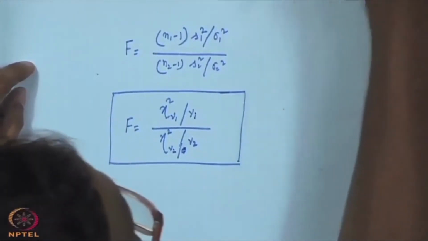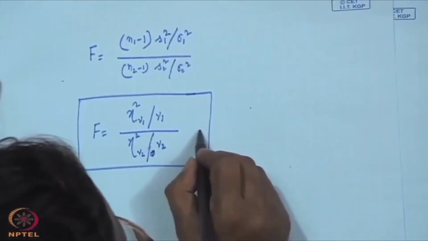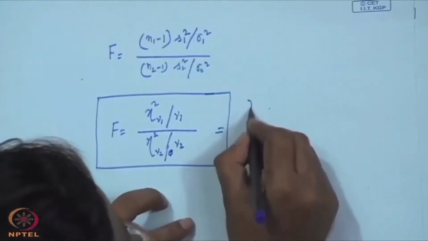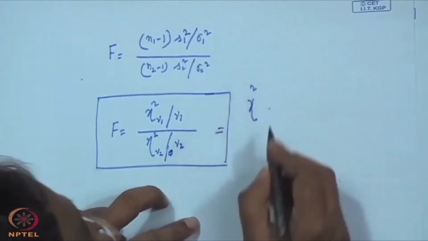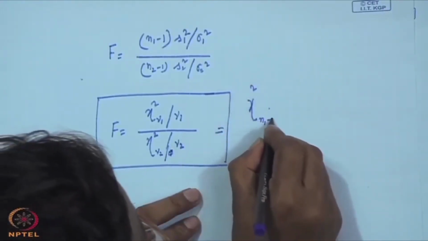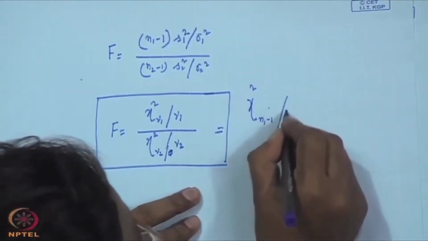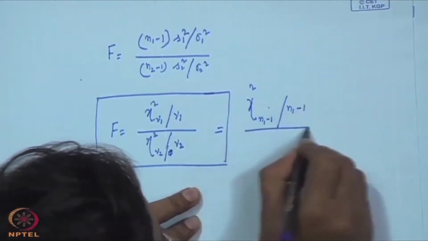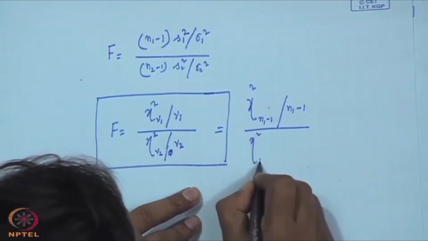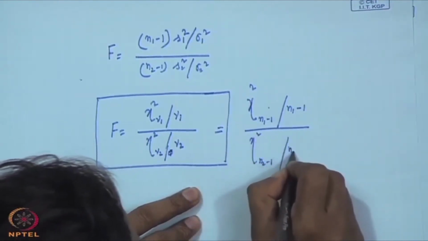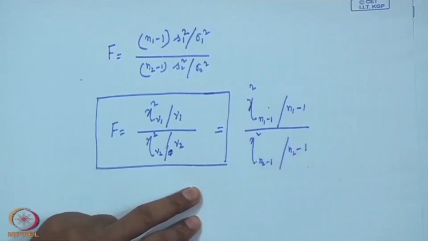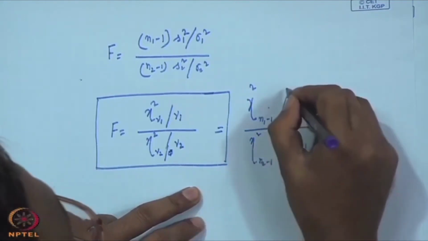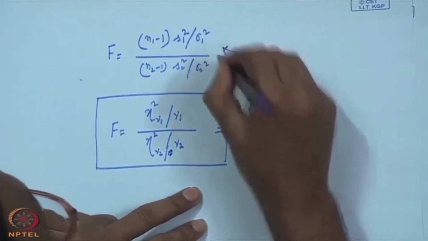What is our chi-square variable here? You please write, see that nu 1 is n1 minus 1, so chi-square n1 minus 1 divided by n1 minus 1, then chi-square n2 minus 1 divided by n2 minus 1. Can you find out what this will be?